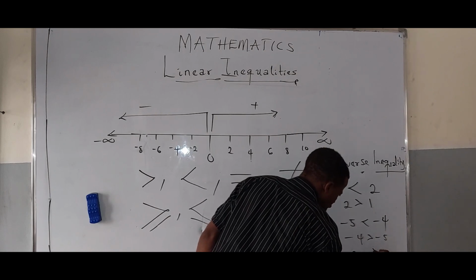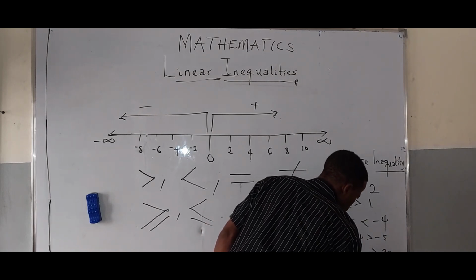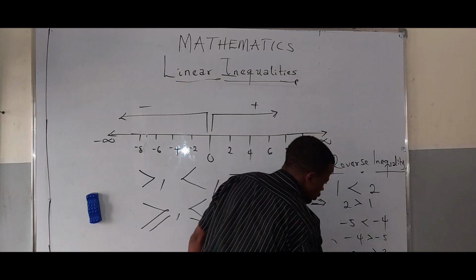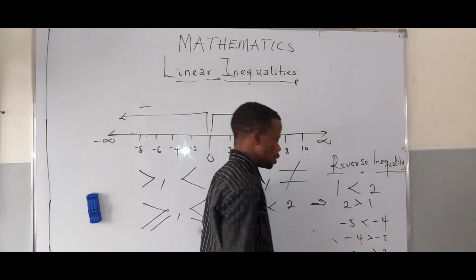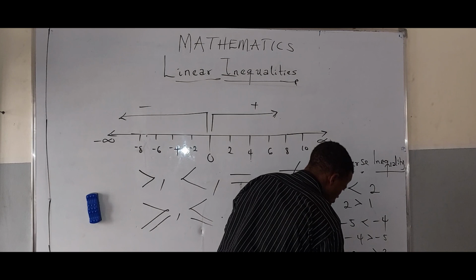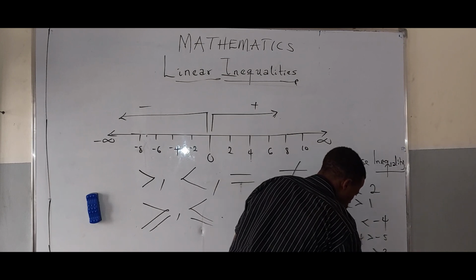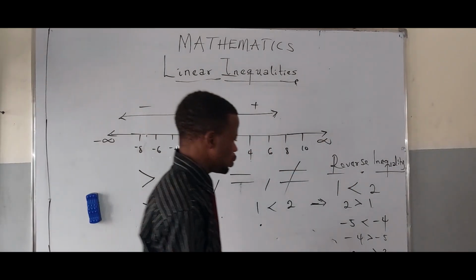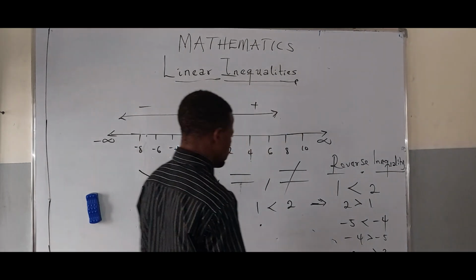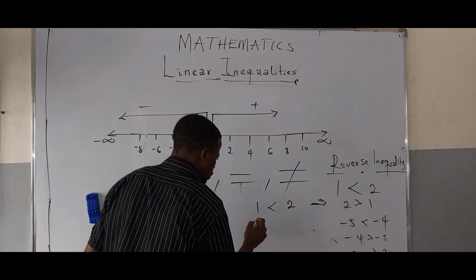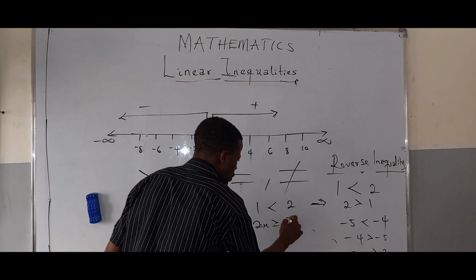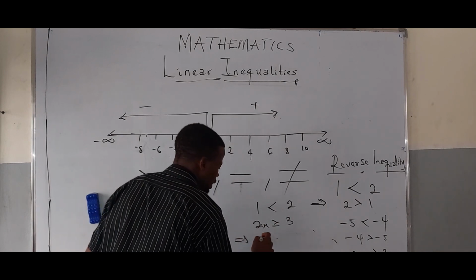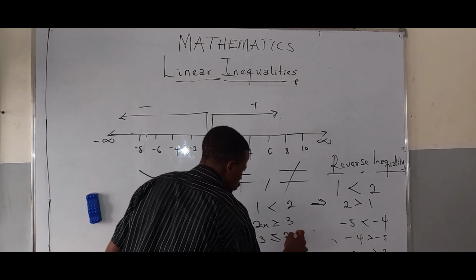So 2x is greater than or equal to 3. I'm just using a variable, okay? So if 2x is greater than or equal to 3, then automatically 3 is less than or equal to 2x.